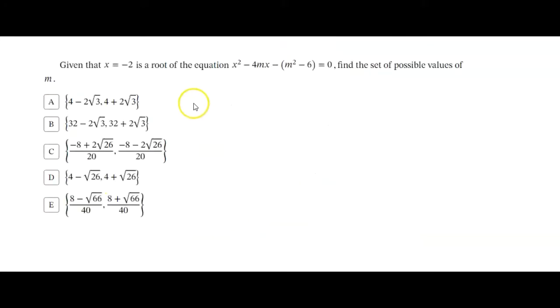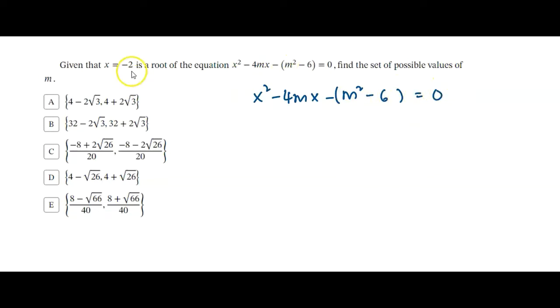My next example is about a quadratic equation question, and given that x equals negative 2 is a root of the equation, find the set of possible values of m. Since the question says that x equals negative 2 is a root of this equation, it means that x equals negative 2 satisfies the equation.